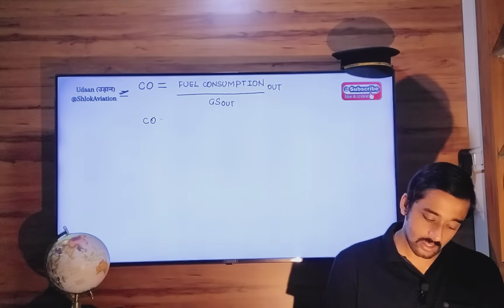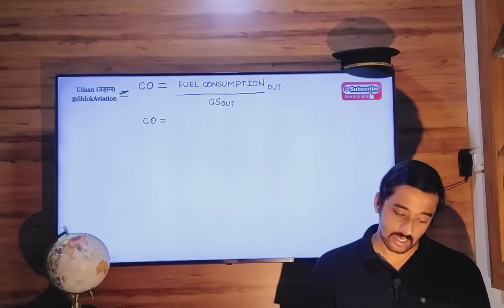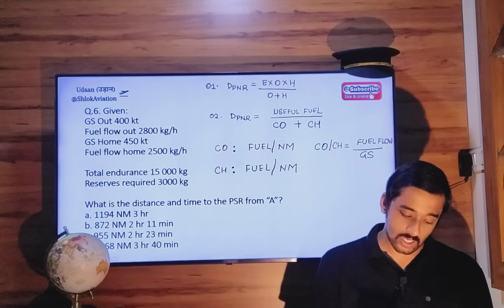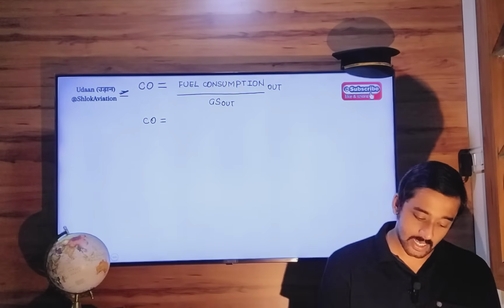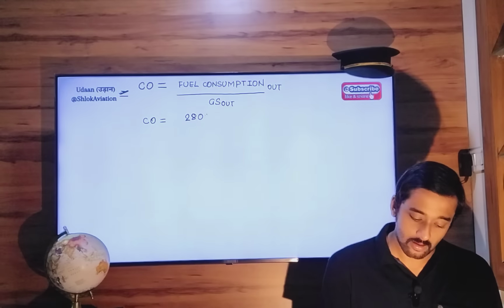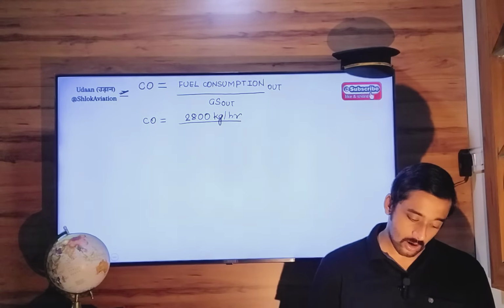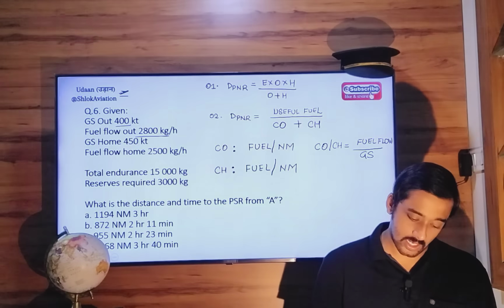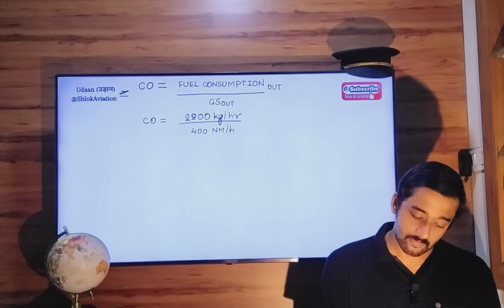So consumption outbound, that is specific fuel consumption we say, is how much? Fuel consumption rate while going out is 2800 kilograms per hour. Ground speed outbound is 400 knots, that is 400 nautical miles per hour.